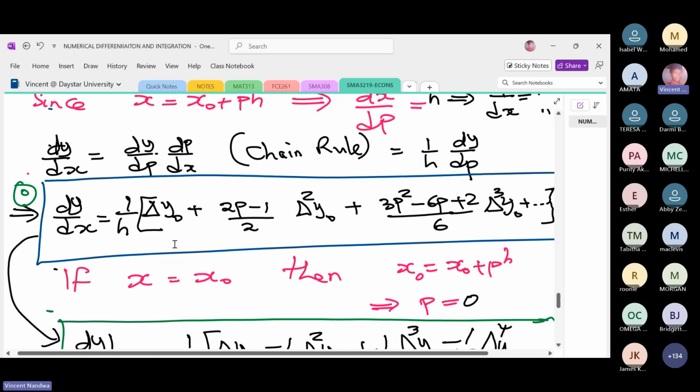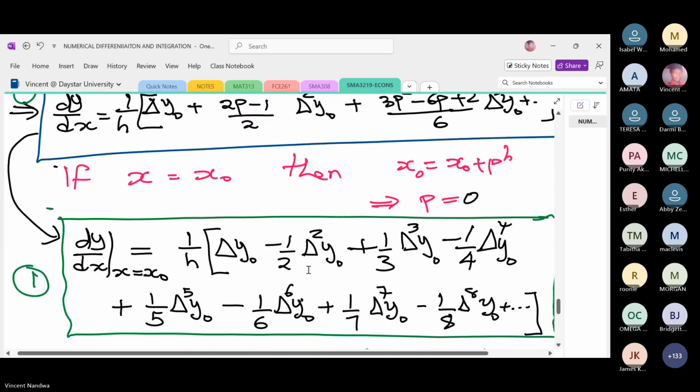In terms of the derivatives, you go through the same process we have done to derive this formula 0 to get a general formula for finding the derivative for any value of x near the beginning of the difference table. If it happens that the x we have been asked to find the derivative at is already given in the table, then you will use formula 1.